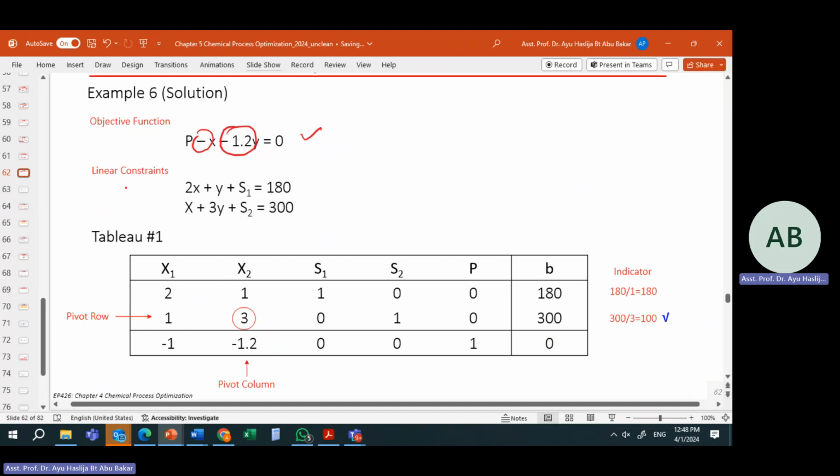Then add S1, S2 to your constraint equations, to transform the constraints into equality constraints. Okay, up to that step.